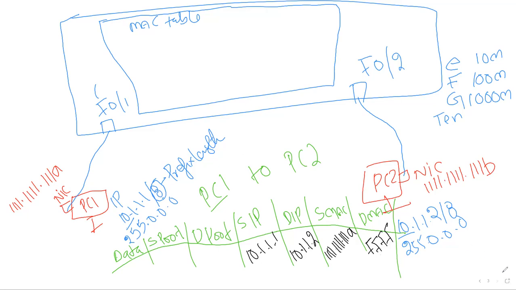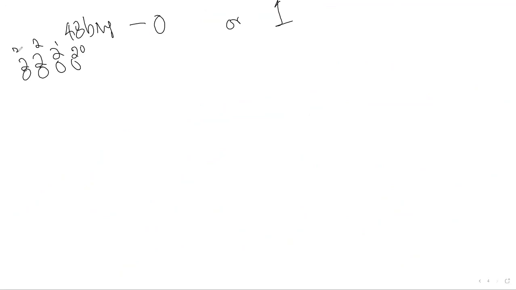If you look at the MAC address, it is 48-bit binary, which means each bit is 0 or 1. Four bits convert into 1 hexa digit. Four bits means 2 raised to 0, 1, 2, and 3.